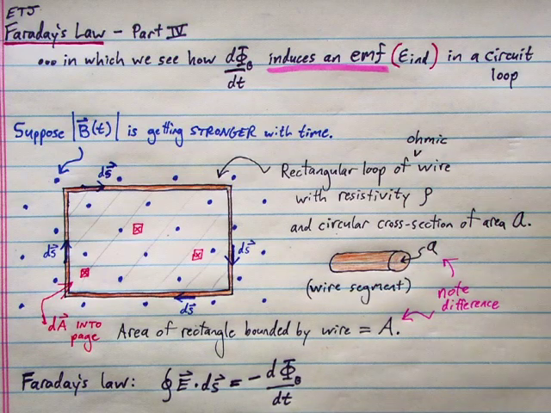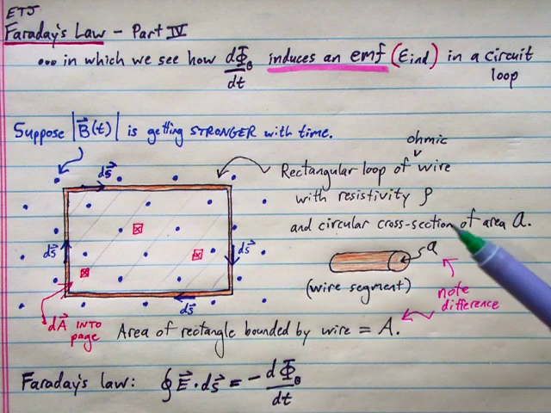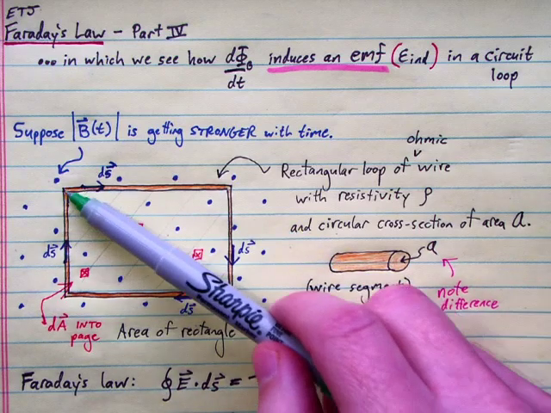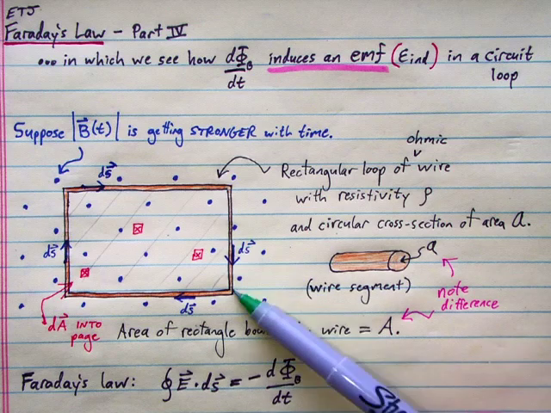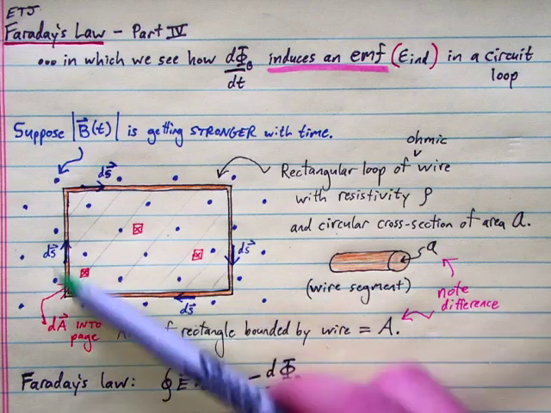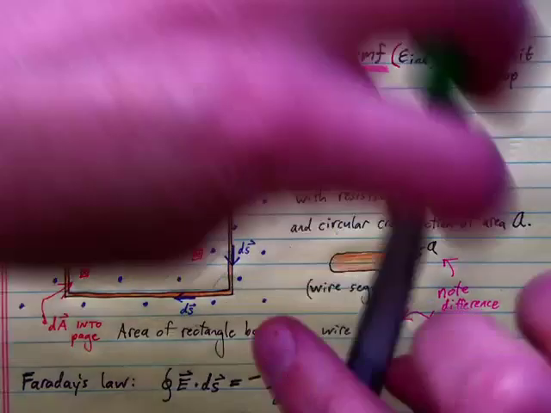Okay, to change things up a bit from the previous examples, I would like to imagine that we have a path around this rectangular loop that goes clockwise instead of counterclockwise. So I'm going to define ds as going clockwise around that loop.